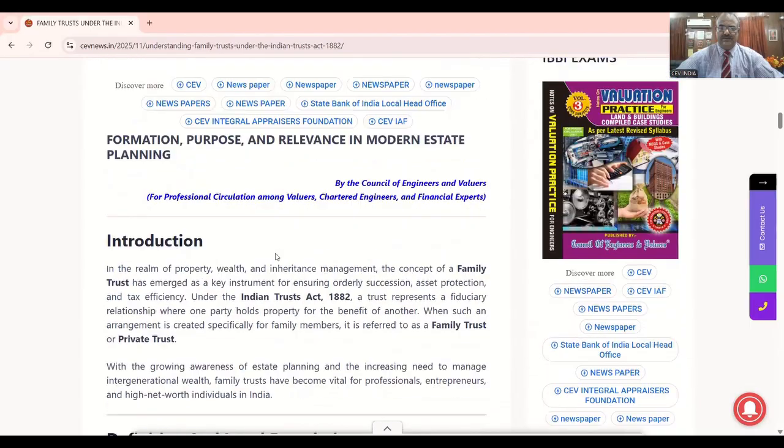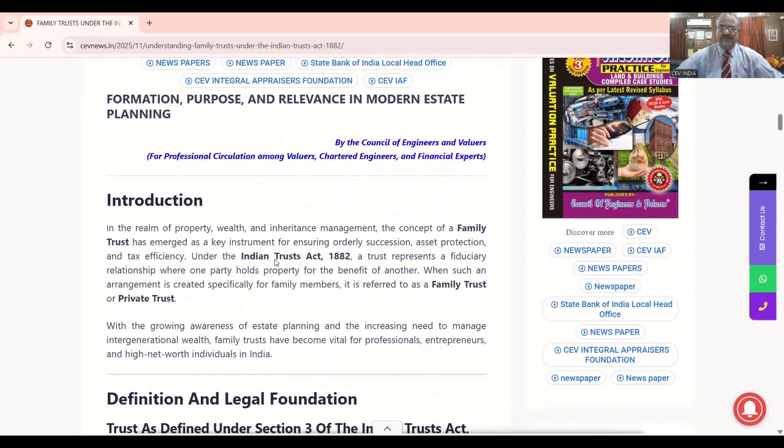So first of all, we will discuss the introduction. What is a family trust? In the realm of property, wealth, and inheritance management, the concept of a family trust has emerged as a key instrument for ensuring orderly succession, asset protection, and tax efficiency.